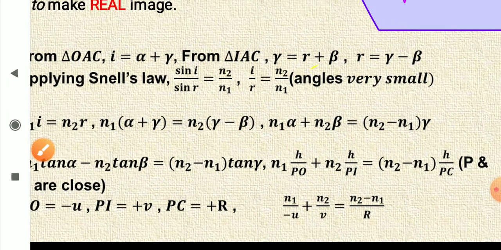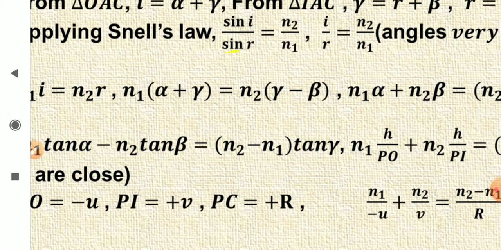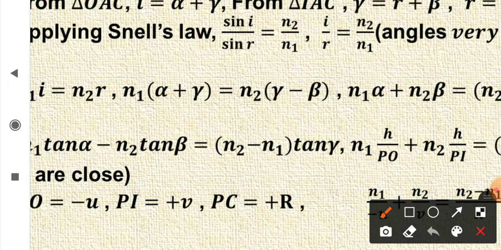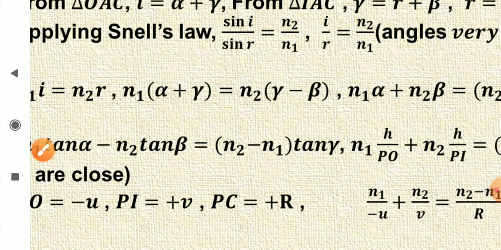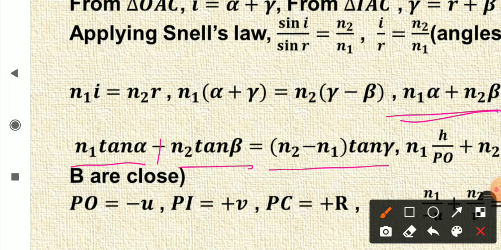For small angles, we can do it. From this relation, I can write N1 tan alpha plus N2 tan beta is equal to N2 minus N1 tan gamma. This should be plus. Please make note of it.